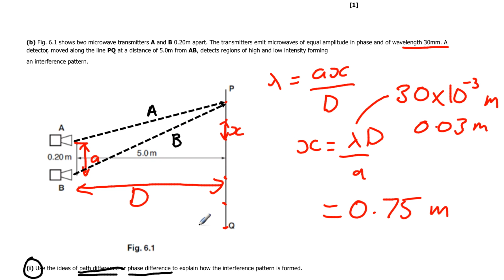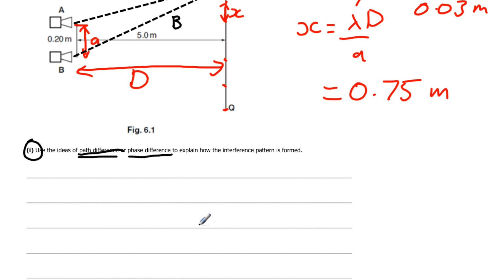But we need to talk about that in terms of the wavelength. So let's talk about that path difference. We needed to say that if the path difference was n lambda in length, then we would have maximum intensity, or it would produce constructive interference, and that would be where we get maximum intensity.